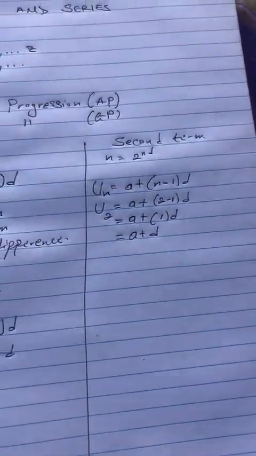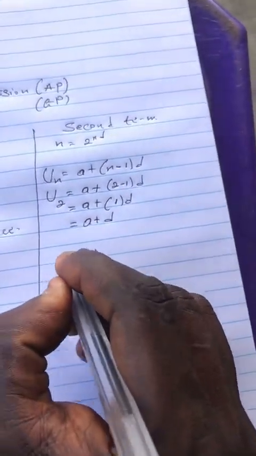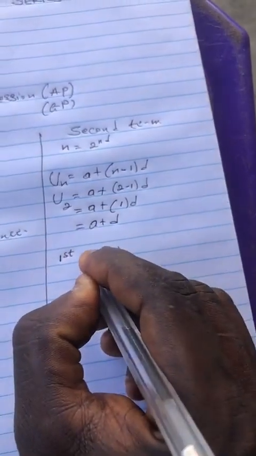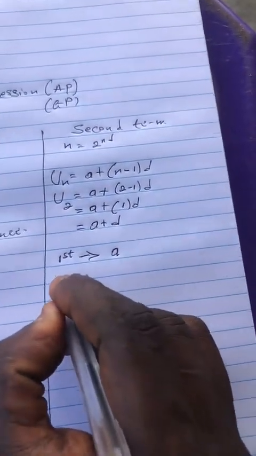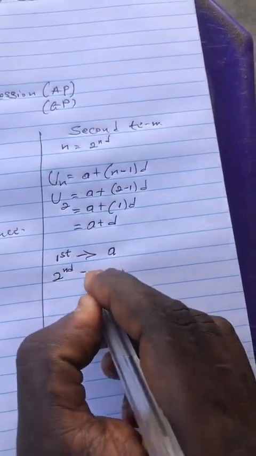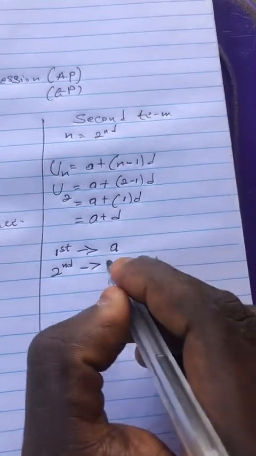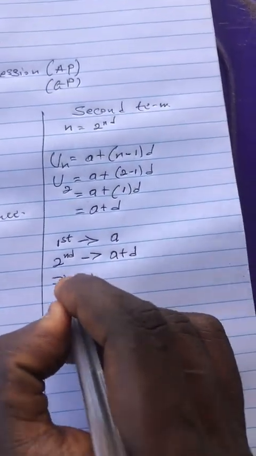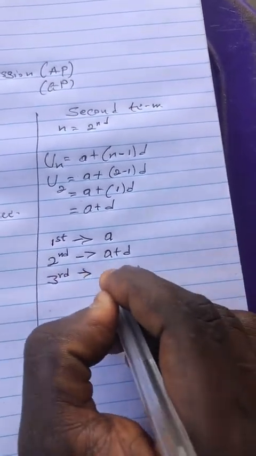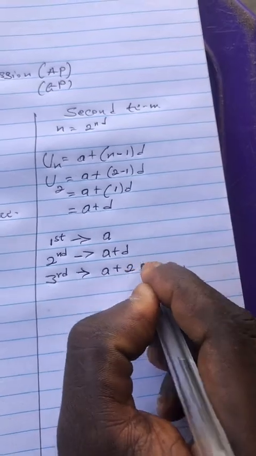So our first term is a, and our second term is a plus d. Our third term will be a plus 2d.